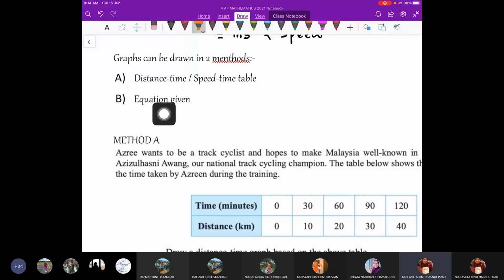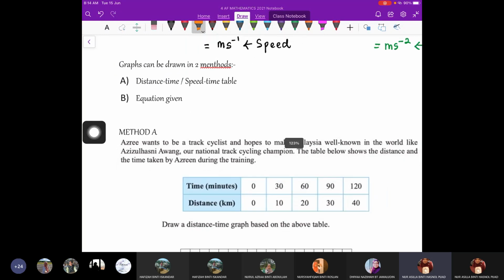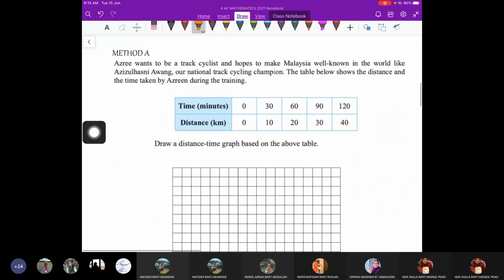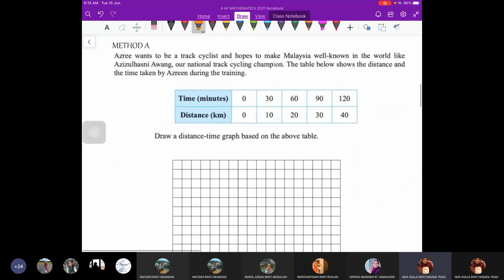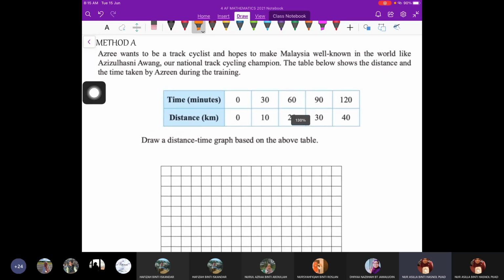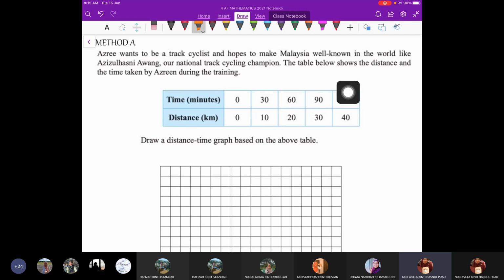Alright, so dia akan bagi equation, so table ataupun dia bagi equation. Okay, so I put two methods, type of question that can be given to you. So method 1A adalah dia bagi table. Sebab tu dalam soalan ni, if you see, there is a table given to you.